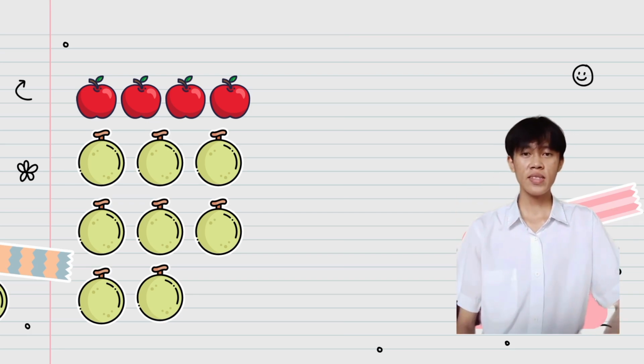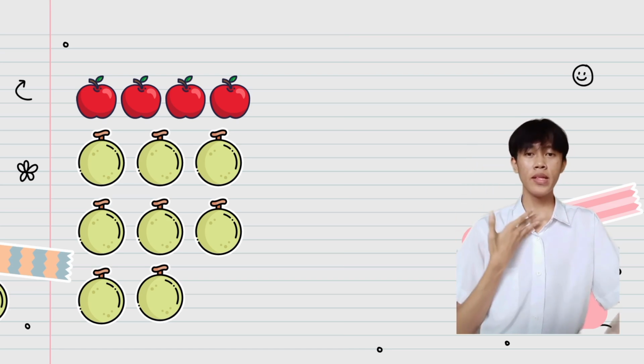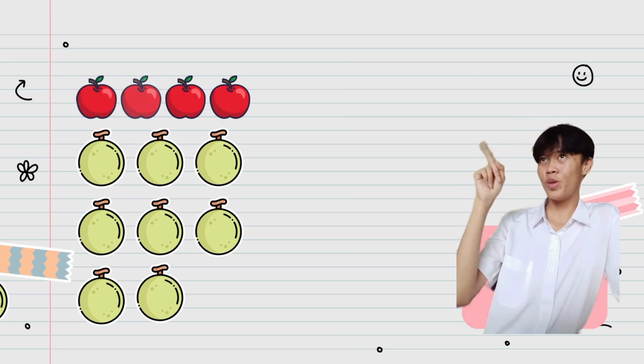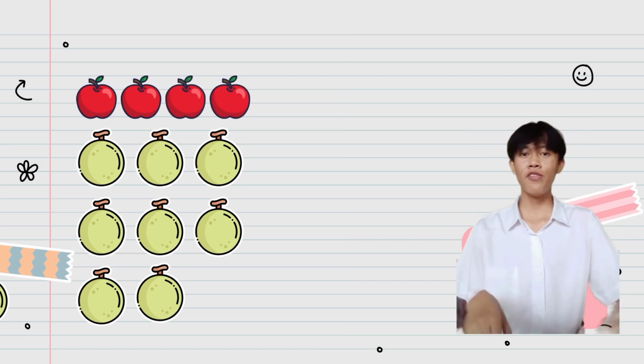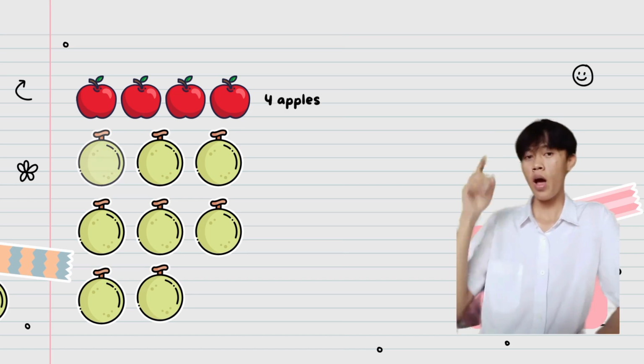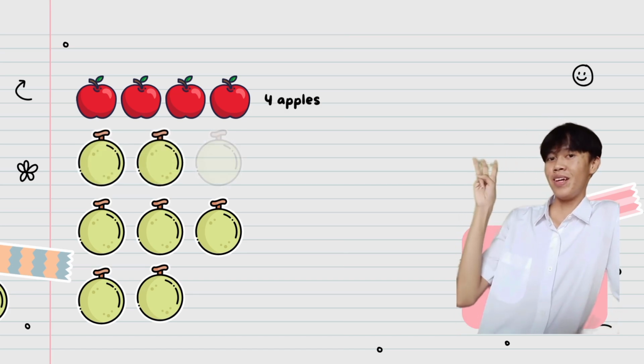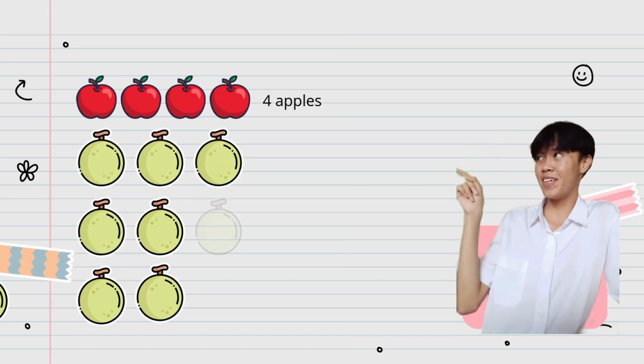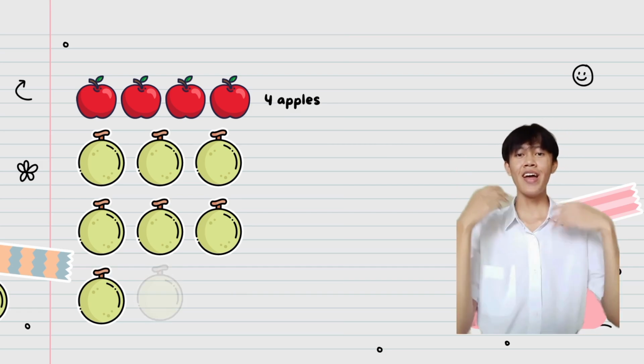So, essentially, I want to count the number of apples that I have. So, we have 1, 2, 3, 4. I have 4 apples, and then I want to count the number of melons. I have 1, 2, 3, 4, 5, 6, 7, 8. So I have 8 melons.